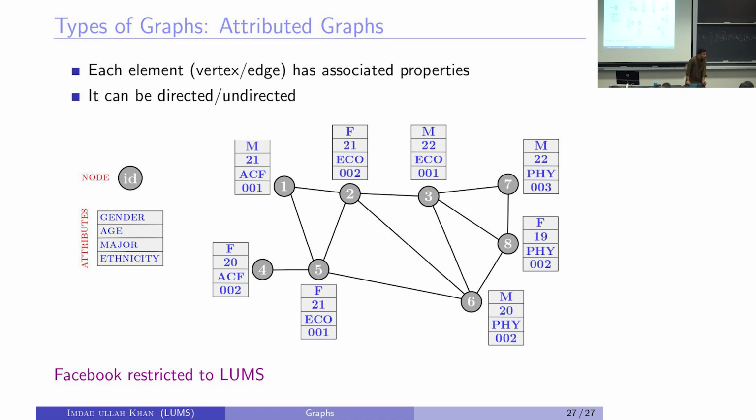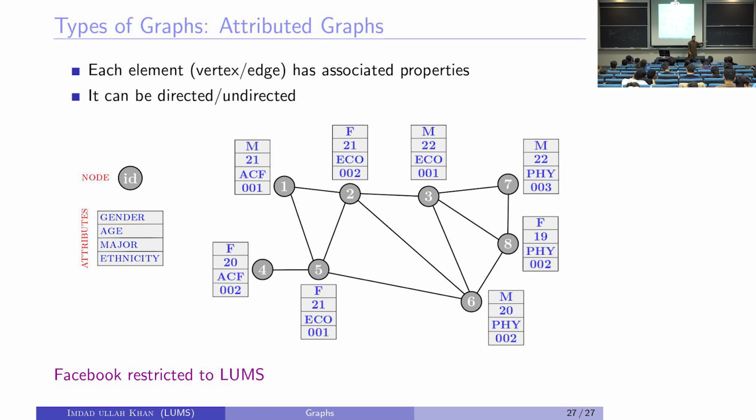It could be level also: is it sophomore, junior, freshie? A graduate student, an undergraduate student? Maybe minor is another thing. Maybe high school: which high school did this person come from? Maybe which city does he come from? Does he live on campus? Does she live off campus, as a daily commuter?